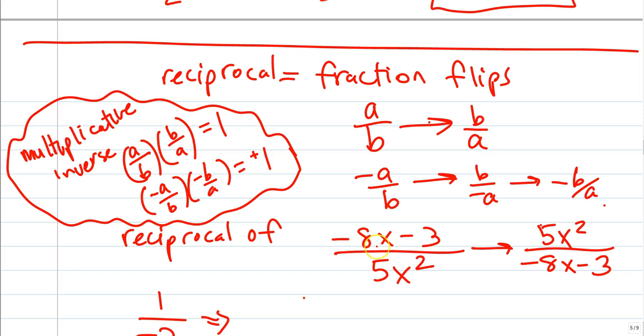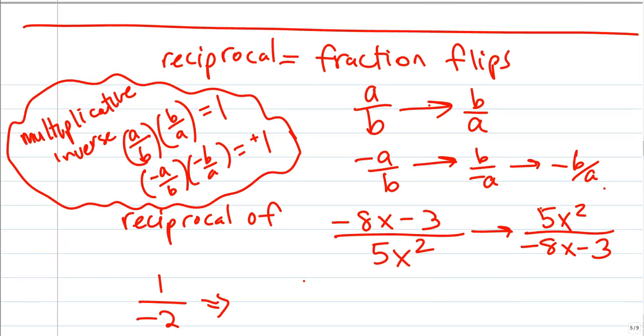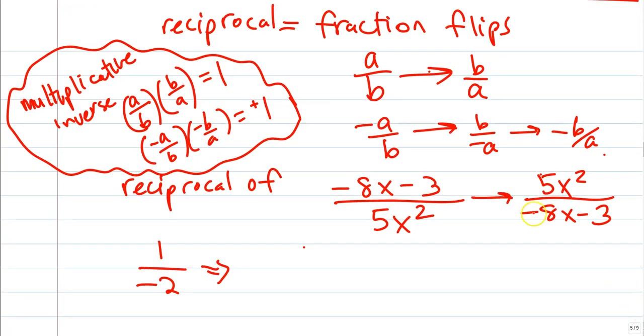The reciprocal of negative 8x minus 3 over 5x squared: flip it. So the 5x squared goes to the top, the negative 8x minus 3 on the bottom. I would be okay with that, but chances are the homework would want you to deal with this negative in the denominator.